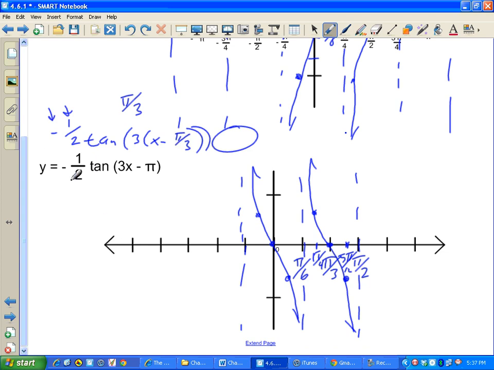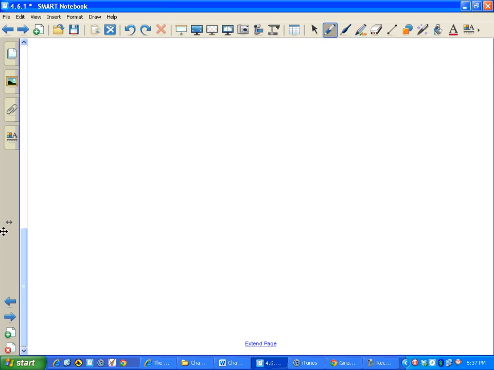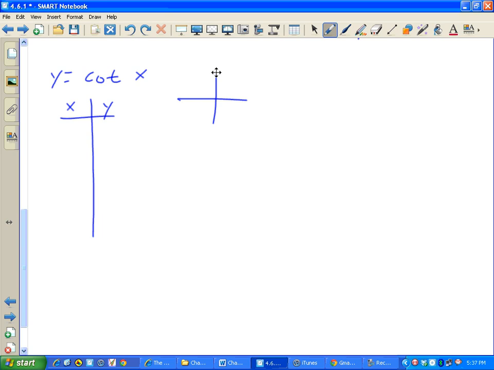Cotangent is going to be very similar to this one. If we just make a table for cotangent here, we'll kind of be able to see the differences, because now on my unit circle, if I look here, I'm going to have 1, 0.